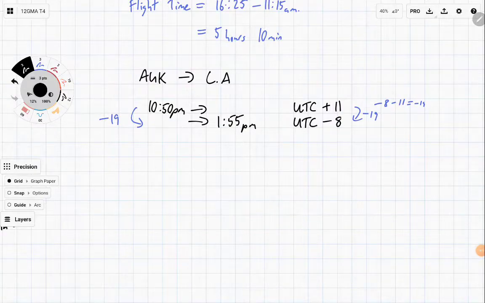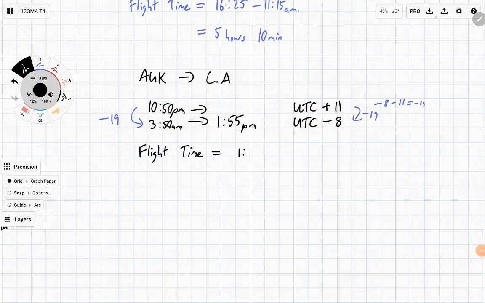So minus 19 hours. Well, that's a lot like minusing 12 hours, so that would take us to 10:50 a.m., but then also subtracting another 7 hours. So that's going to take us down to 3:50 a.m. to 1:55 p.m. Once again, 24-hour time is going to make this flight time a lot easier.